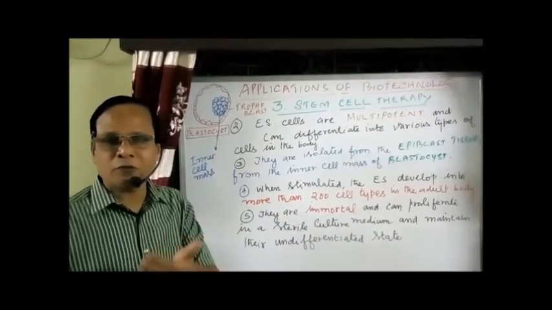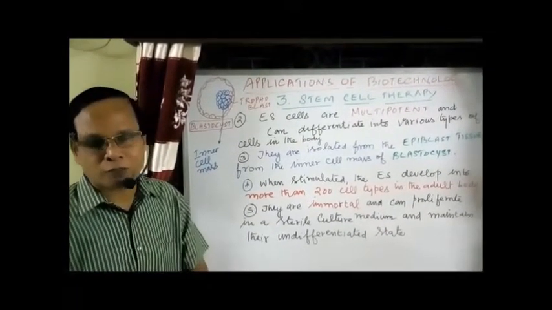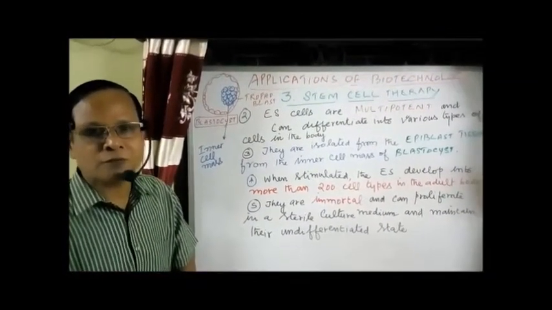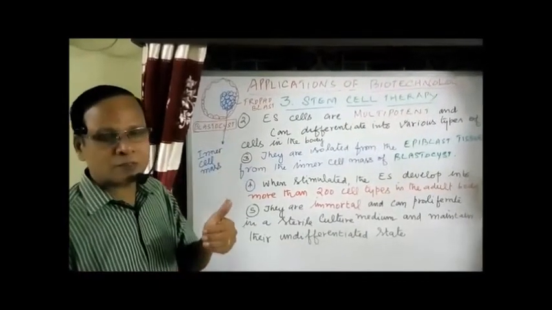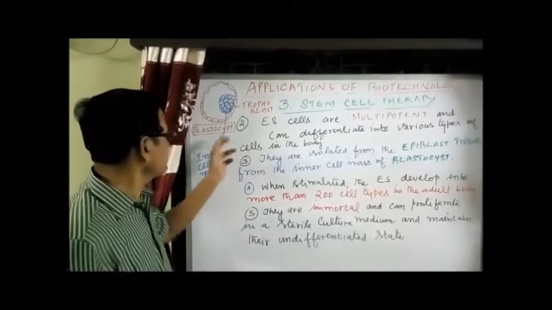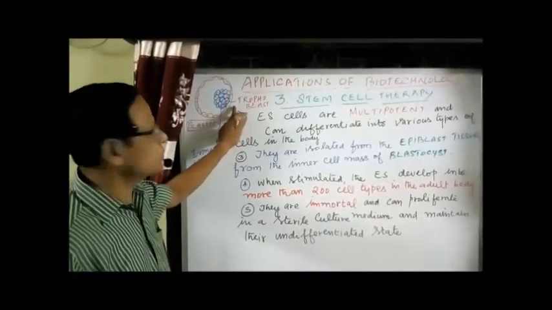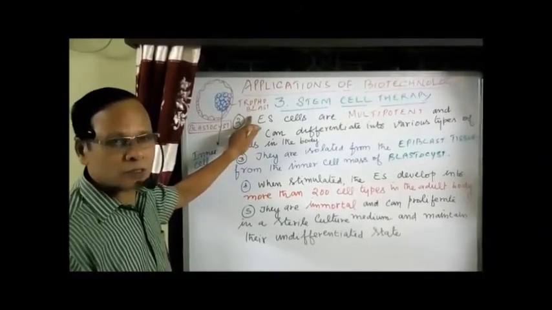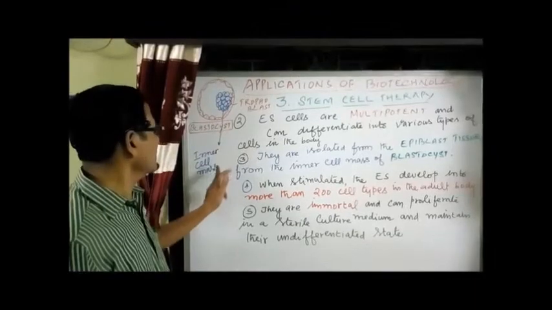Now the next property: where are they from? In the embryonic development of humans, after fertilization we have the cleavage process. The cleavage results in the formation of a blastocyst. In other animals it is called a blastula. The blastocyst consists of an outer layer of trophoblast, which is in contact with the uterine wall, and an inner embryonic cell mass.